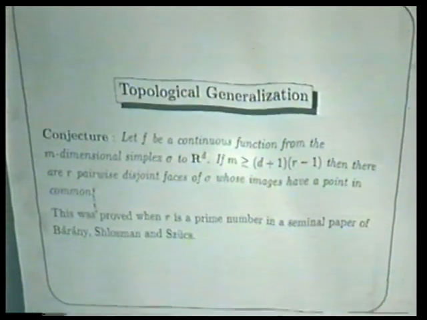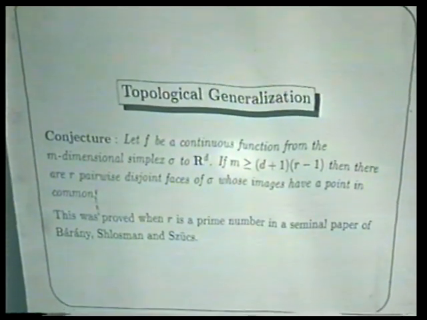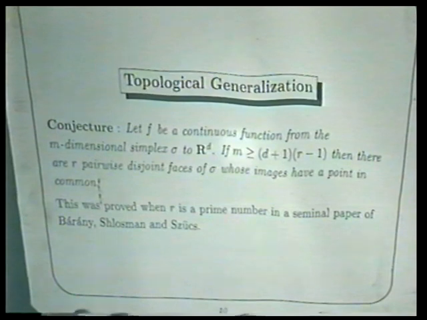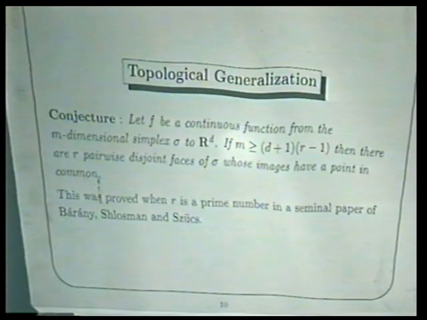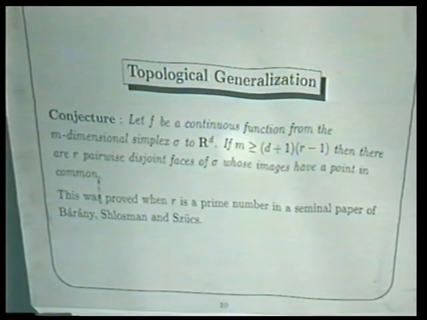Okay, and now I would like to move along to topological generalizations. Unfortunately this is only a conjecture, and it says the following. Suppose we have a continuous function from the m-dimensional simplex to R^d, where m is (d+1)(r-1). Then there are r pairwise disjoint faces of this simplex sigma whose images have a point in common.